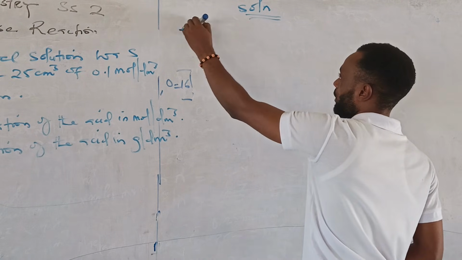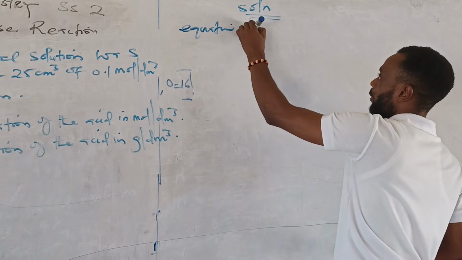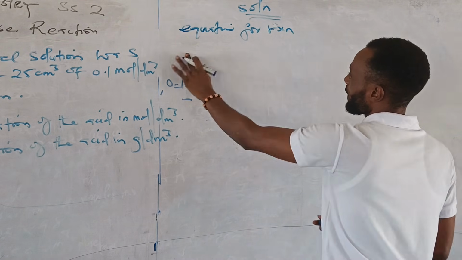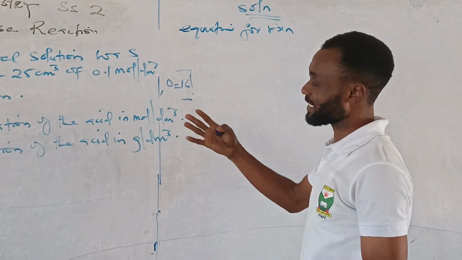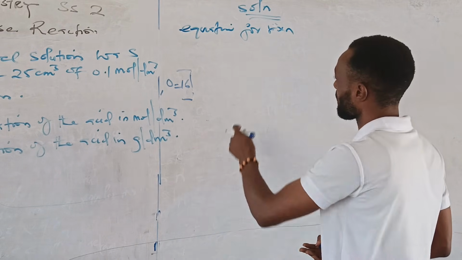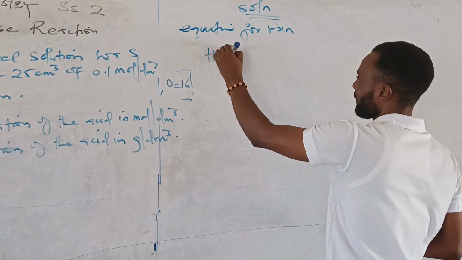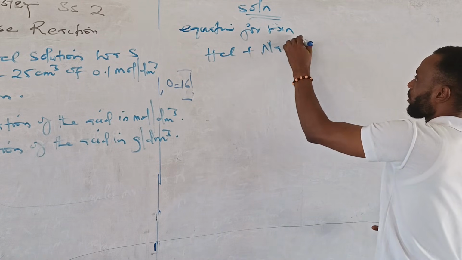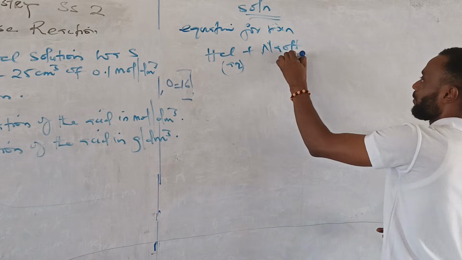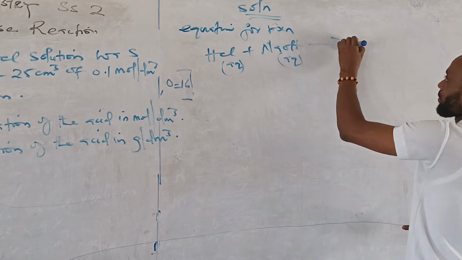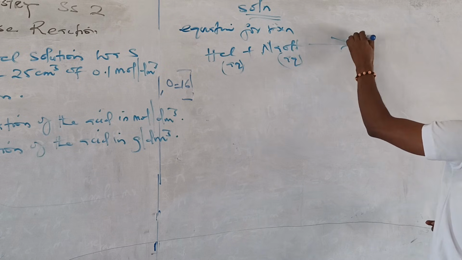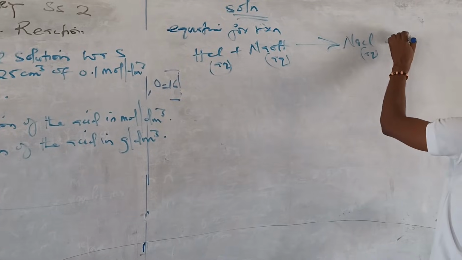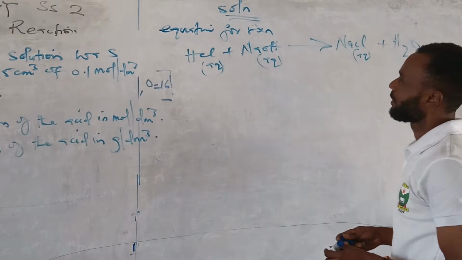And the equation for the reaction is given as, because this is a neutralization reaction where acid and the base react together to form a salt and water, HCl plus sodium hydroxide to give us sodium chloride and water.